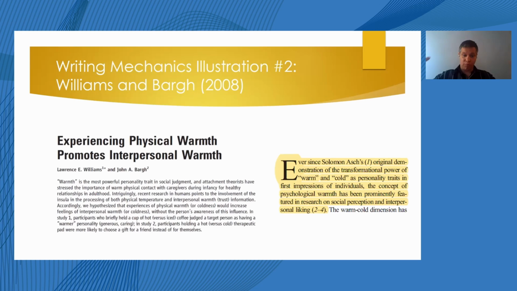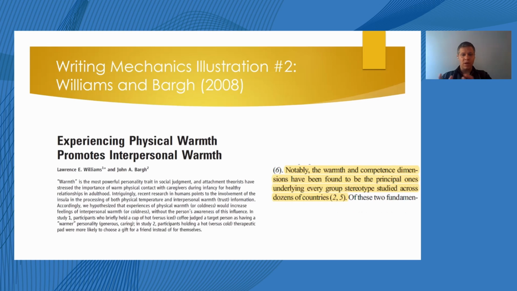That's the broad context of the work. And the authors narrow this down by talking about these warm and cold dimensions, how replicable they are, how we see them in many different parts of the world, all these kinds of things.